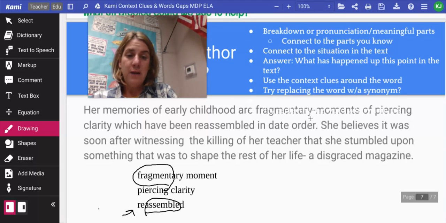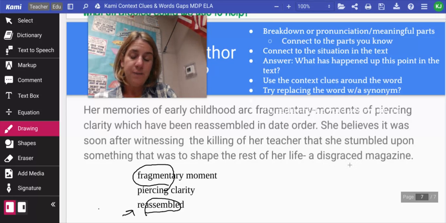So that would make sense that her memories are just pieces of moments. And then it says, "which have been reassembled in date order." So she's taken all those difficult moments in her life and put them in an order or a sequence that makes sense. "She believes it was soon after witnessing the killing of her teacher," there's one of those fragmentary, piercing moments, "that she stumbled upon something that was to shape the rest of her life, a discarded magazine."